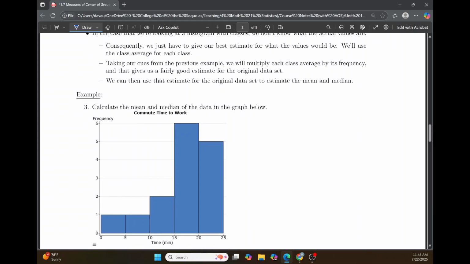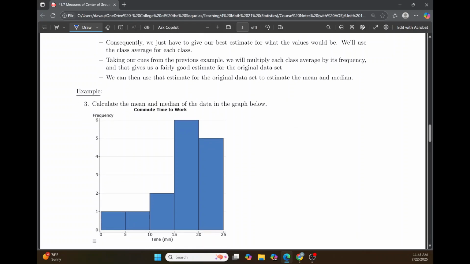Looking at number 3, for example, this histogram is supposed to represent the commute time to work of a bunch of employees. And this first bar right here represents all of the employees who had a commute time between 0 and 5 minutes. And there was only one of those, okay? But we don't know what their exact commute time was.